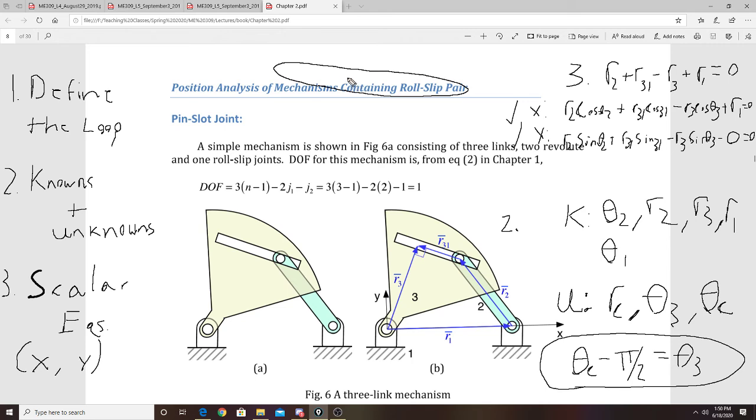And there's a pin in the middle, some sort of pin joint. And so let's say that you have a vector that goes from here to here, right? You don't know what that distance is, because this pin can slide further or closer. You have no idea what that distance is.